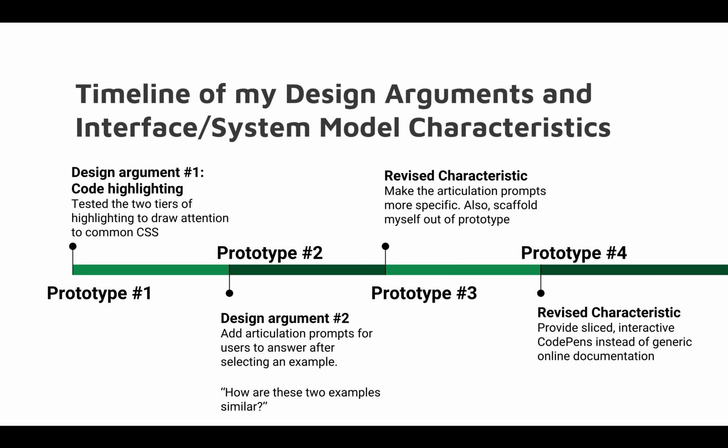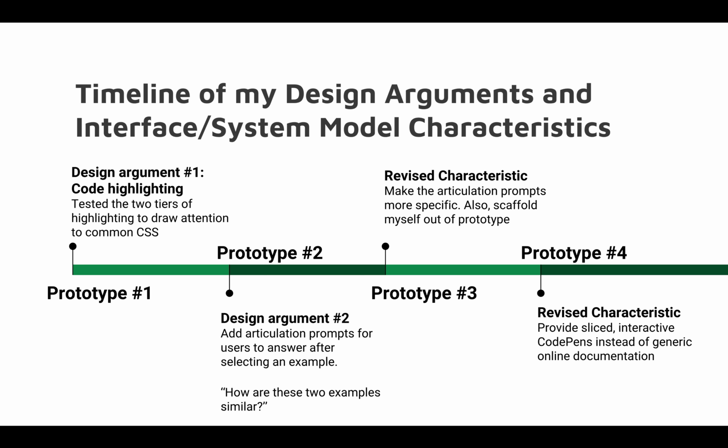In the second prototype, I kept the code highlighting, but now I added articulation prompts that the users had to answer each time they selected an example. At this point, they were kind of generic, like, how are these 2 examples similar? The reason I decided to add that was because in my first prototype, both Kapil and Judy were very confused about what they had to do.